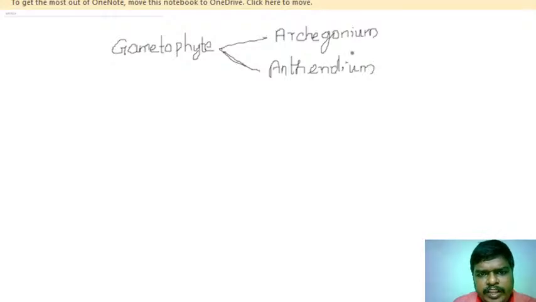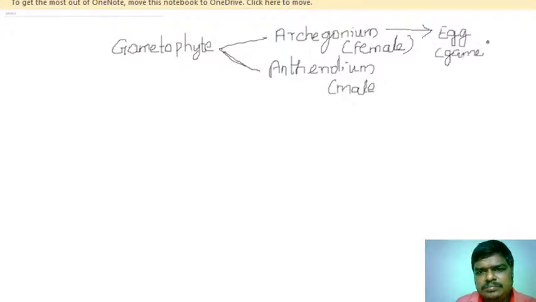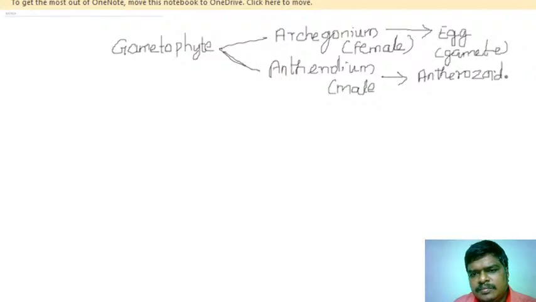The archegonium is the female reproductive structure, and the antheridium is the male. This archegonium produces the egg, which is the female gamete. Similarly, the antheridium produces antherozoids, which are the male gametes.